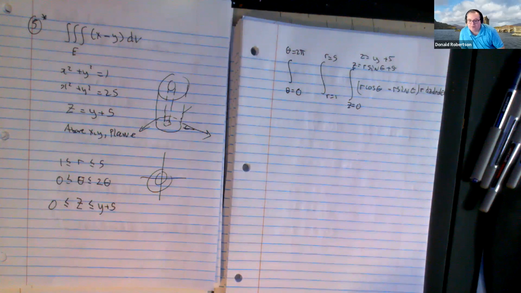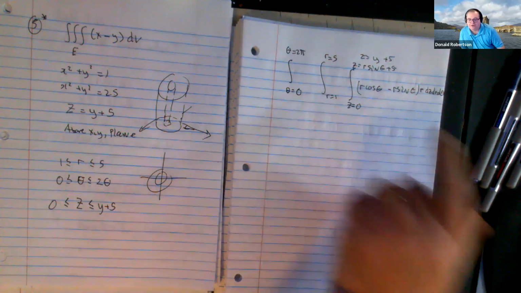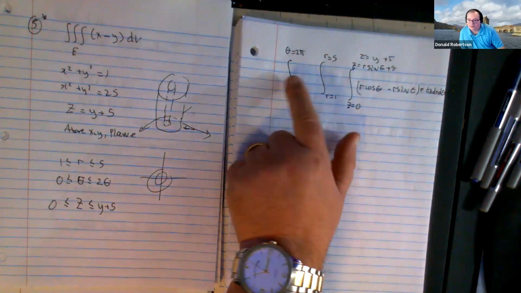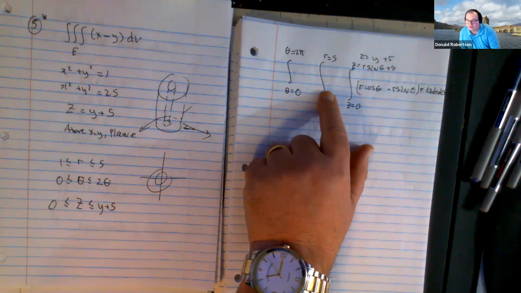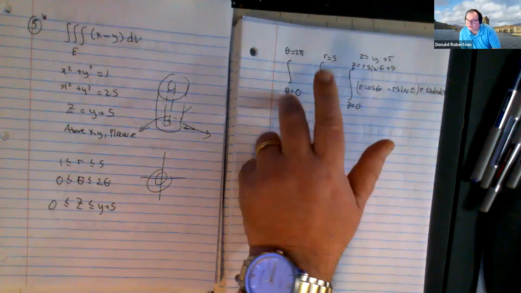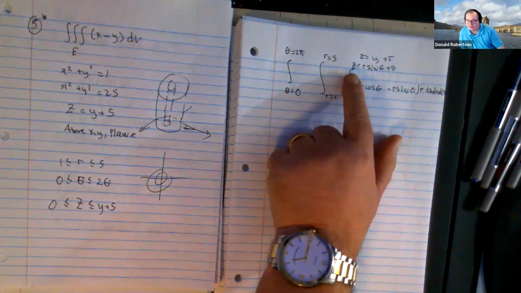Now that I've set up the entire integral, I'm going to go back and double check these. Superficially, I said you could switch these because they are numbers, right? Do you agree? And we should be able to switch them any way we like. Agreed? Would you agree this has to be first?